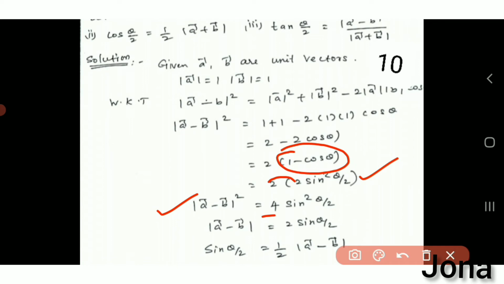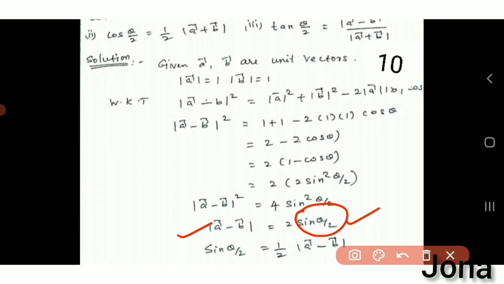Taking square root on both sides, modulus of A vector minus B vector equals 2 sin theta by 2. Taking 2 to the other side, it becomes division, so sin theta by 2 equals 1 by 2 modulus of A vector minus B vector.